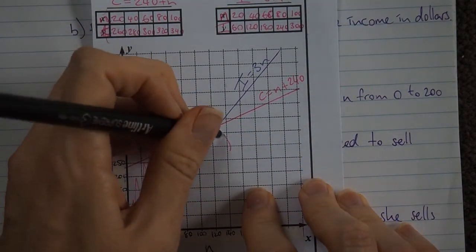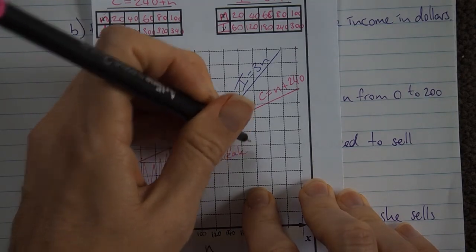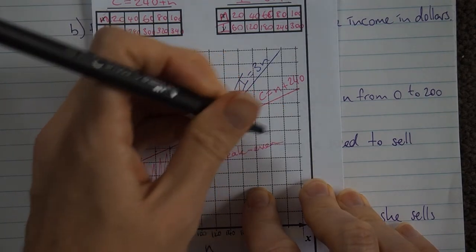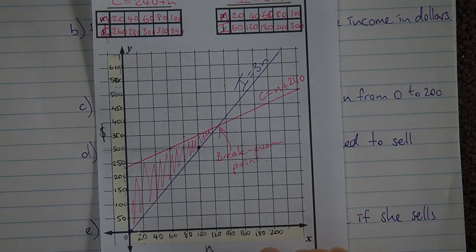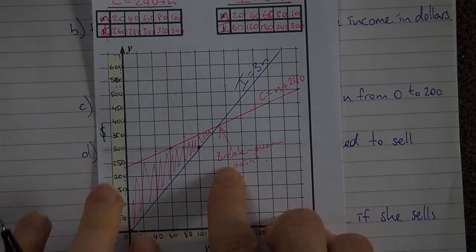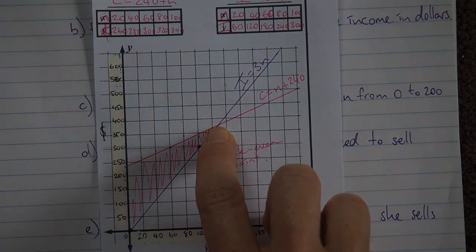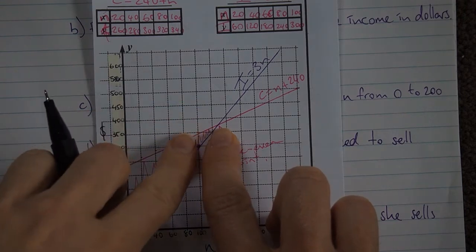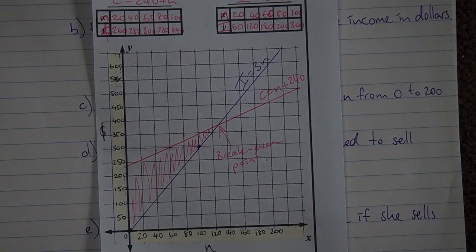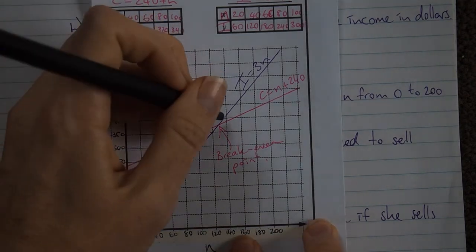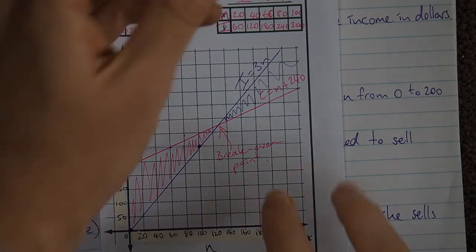This point here where our graphs intersect is called our break-even point, and that's a really important term to learn and remember. That's where the business begins to make money. It's no longer costing them to produce. Once they sell over that amount, they start making money. And in this section, we start making a profit.